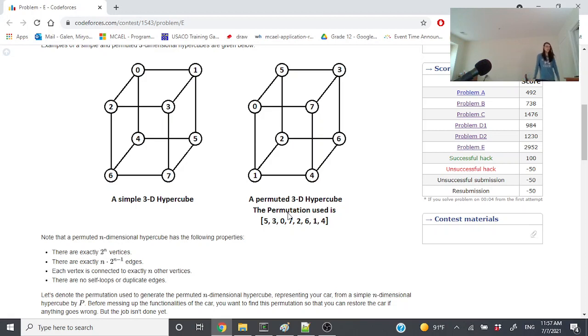I wonder how hard it is to find a permutation? So for every edge, there exists an edge to every other number that is the same but with a flipped bit.